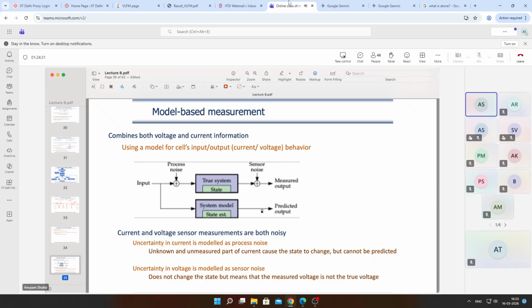Then there is a comparison between the voltage calculated by my model and the voltage measured by the sensor. I would like this measurement of voltage to be as close to the model predicted value as feasible. I do not expect the calculated voltage to be equal to the voltage measured. Why?